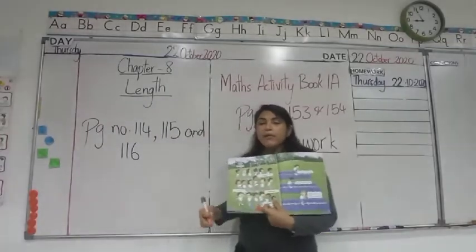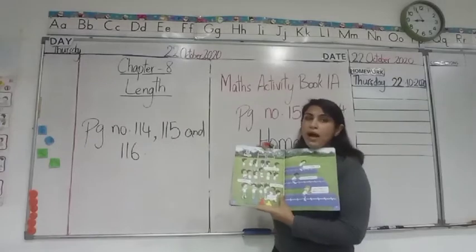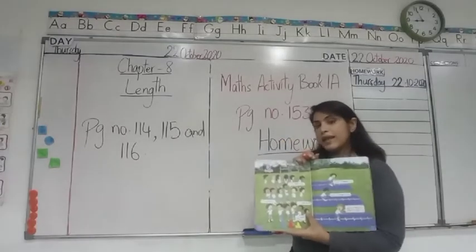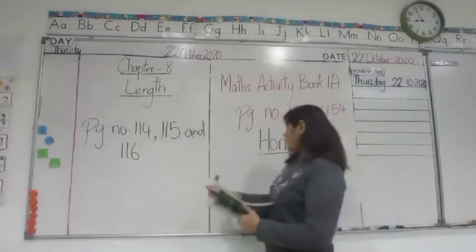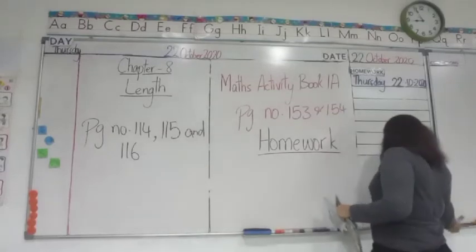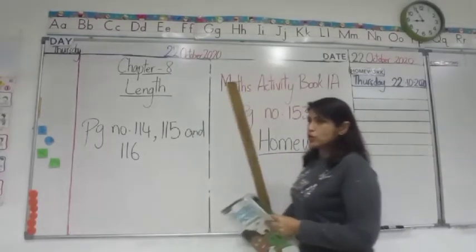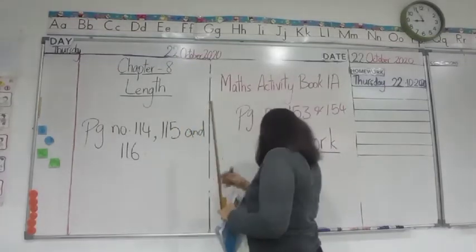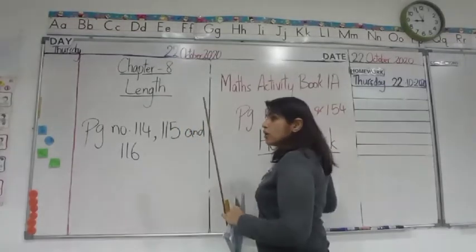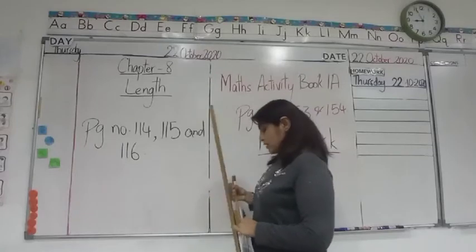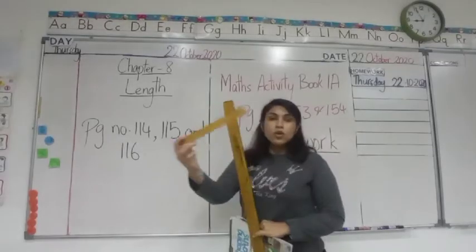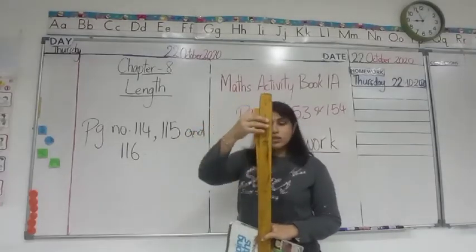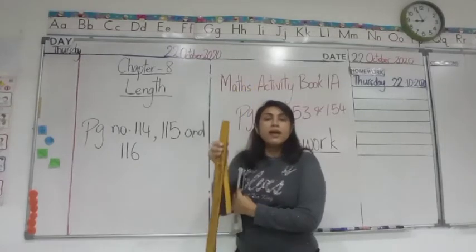Then we'll continue to do activities based on length. What is length? Length is the height of something, of an object. How do we know how tall or short? This is a tall wooden ruler and this is a short wooden ruler. How can you say tall and short? Because of their length.